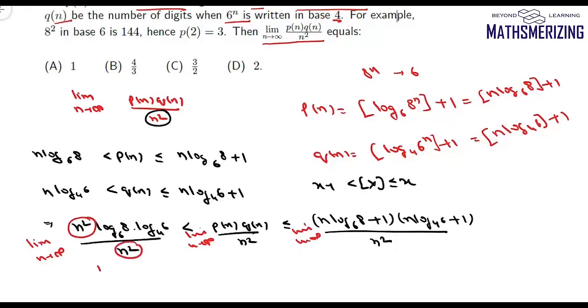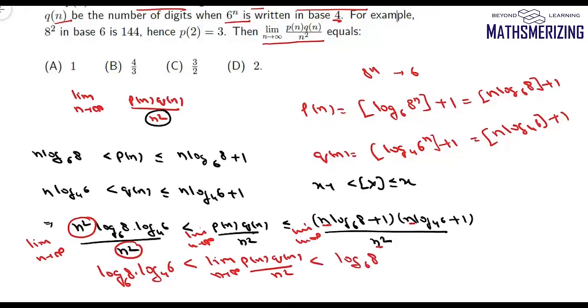So the answer to this left hand limit will be simply log 8 base 6 into log 6 base 4. And on the right, limit n tends to infinite, the highest power is n square. So here also this limit will be log 8 base 6 into log 6 base 4.